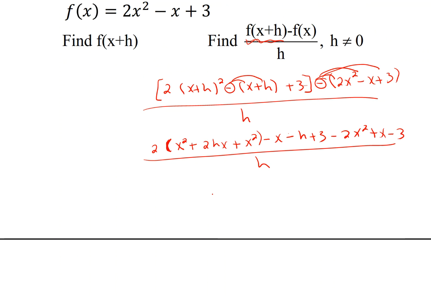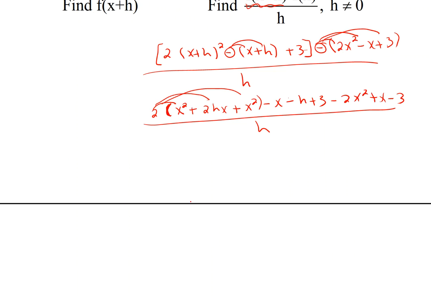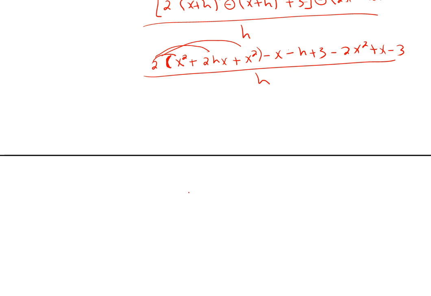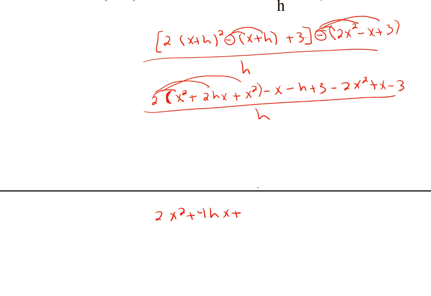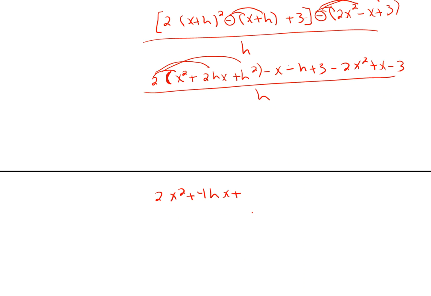Okay, I will continue to use my algebra rules. I now need to distribute the 2 to clear those parentheses there. So now I have 2x squared plus 4hx plus, that should be an h squared, sorry about that, so plus 2h squared.